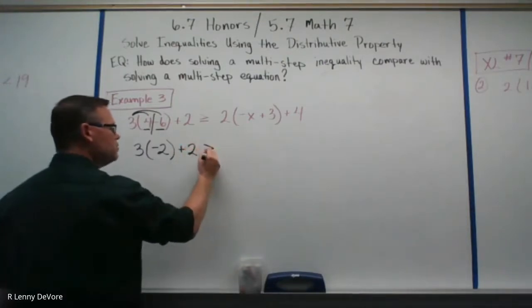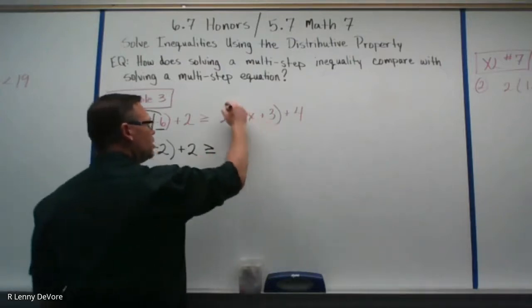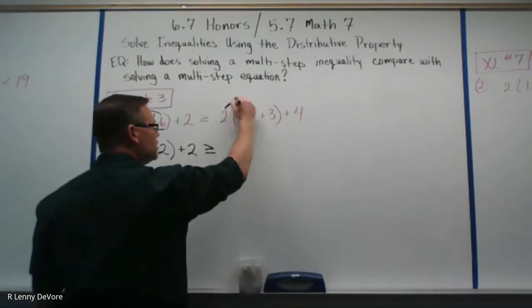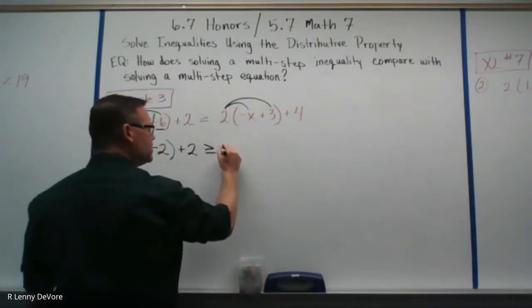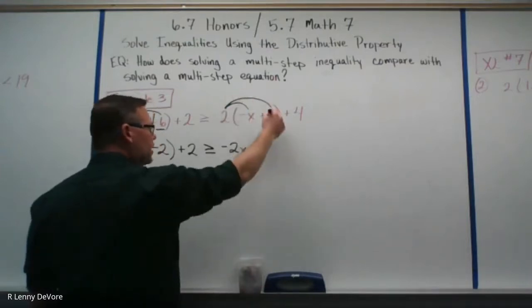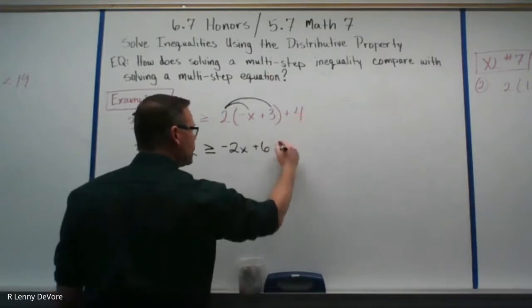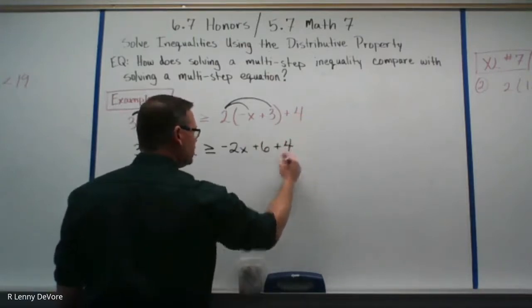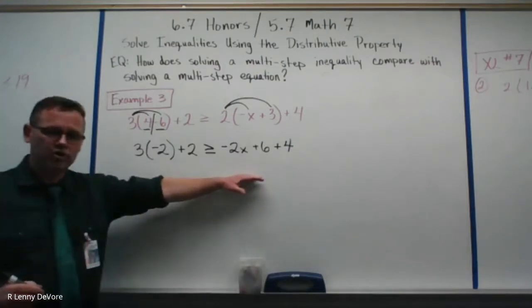And this is still going to be greater than or equal to, but this one will have to be distributed. In other words, the 2 multiplied by a -x is a -2x, and then a 2 multiplied by a +3 is a +6, and then we stick that +4 on there. Now, at this point, we're still following the order of operations.